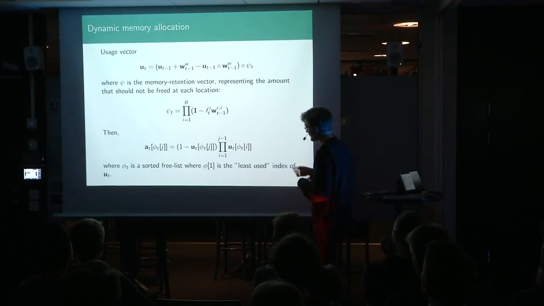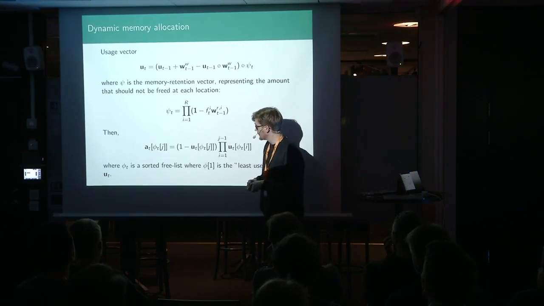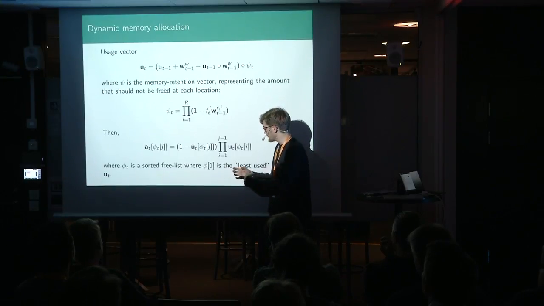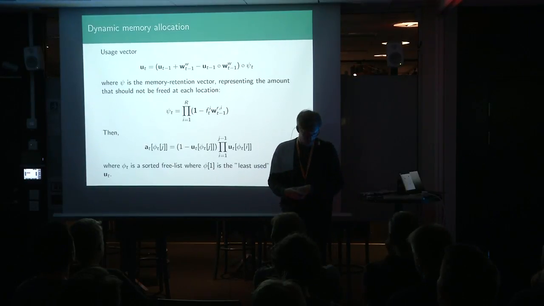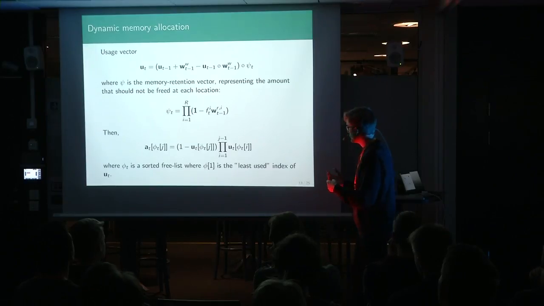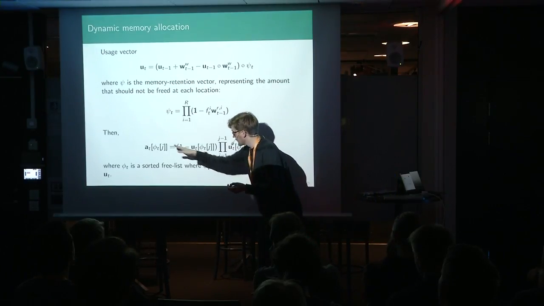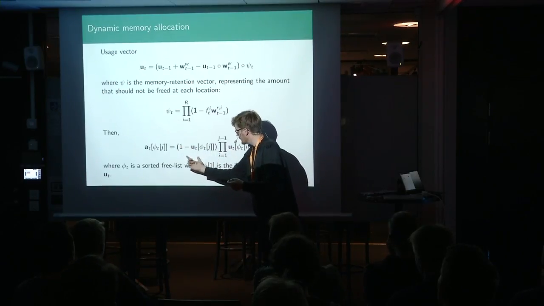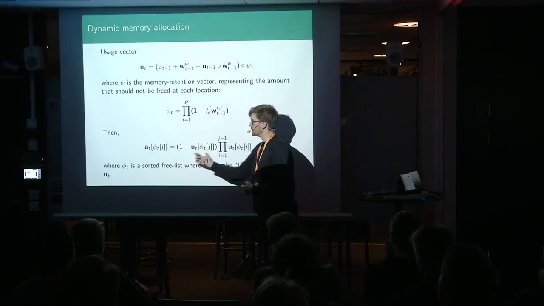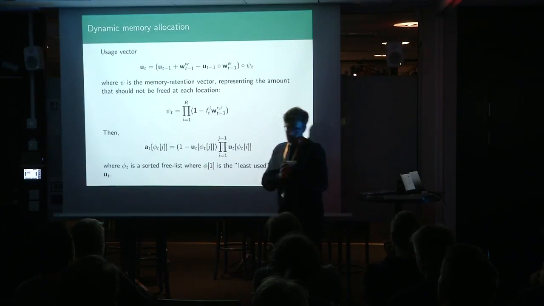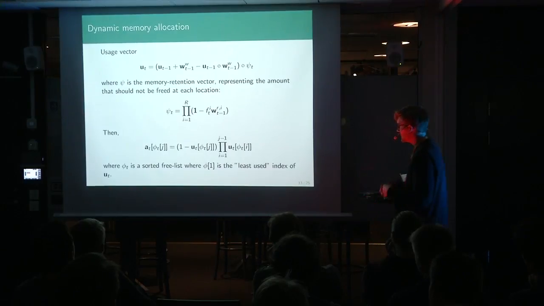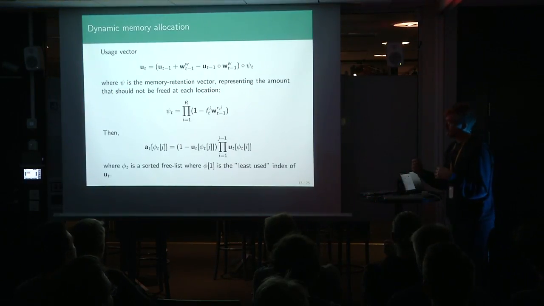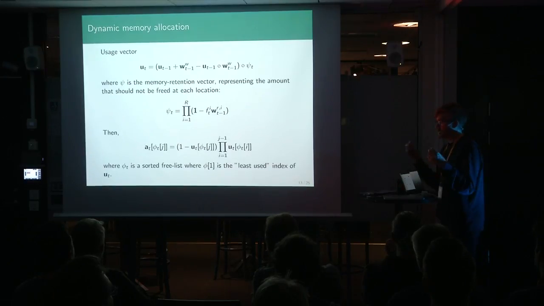And you sort the indices of the usage vector so that the first index is the least used, the one you can use the most. And then you define the allocation vector as this. This will have the highest value at phi 1, and then it will be decreasing. So you will get a distribution of how important the memory is.